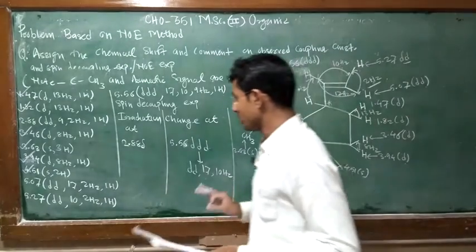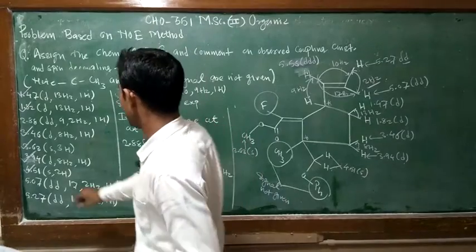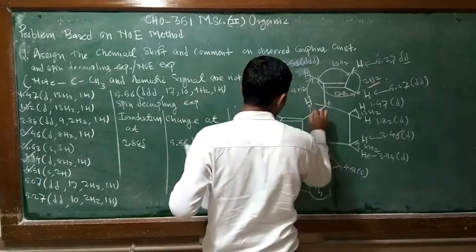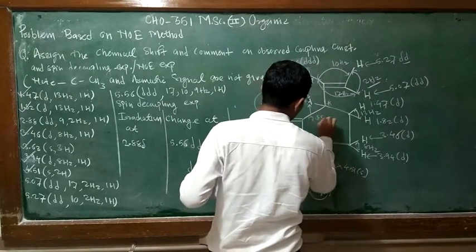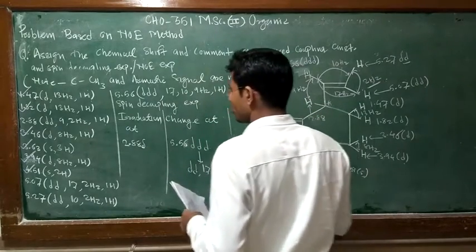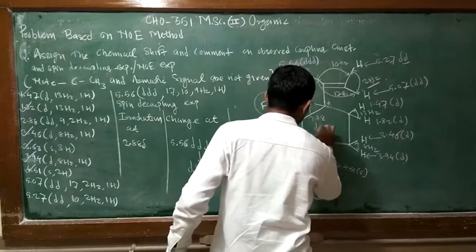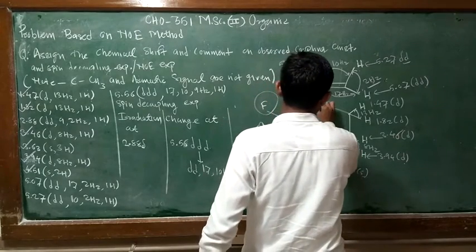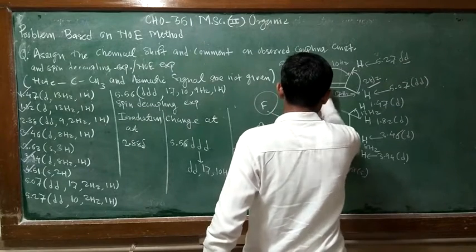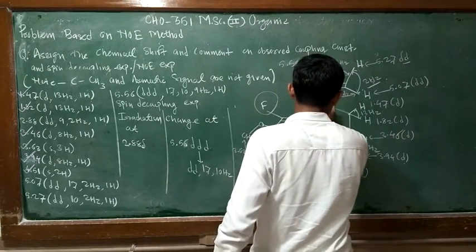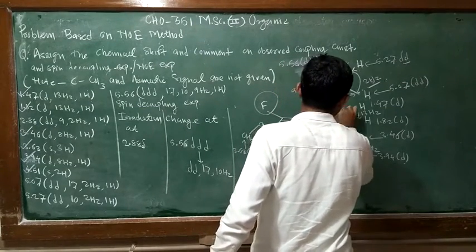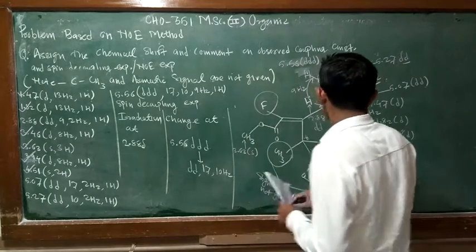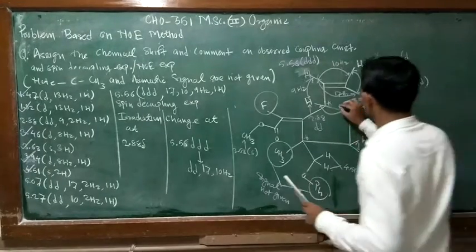So the only remaining signal is 2.88. This proton, which is the allylic proton here, shows 2.88. That 2.88 is nothing but a doublet of doublet. How does it show a doublet of doublet? They consider the allylic coupling with 9 Hz as a doublet. Again, they consider that it couples with this proton, meaning on the opposite side allylic coupling is possible with 2 Hz.